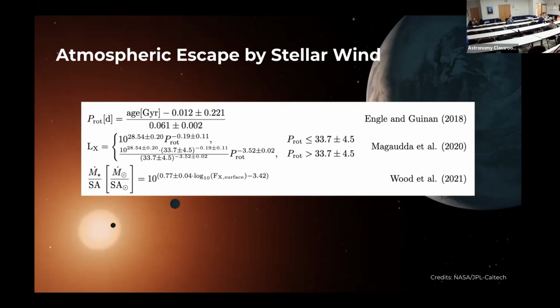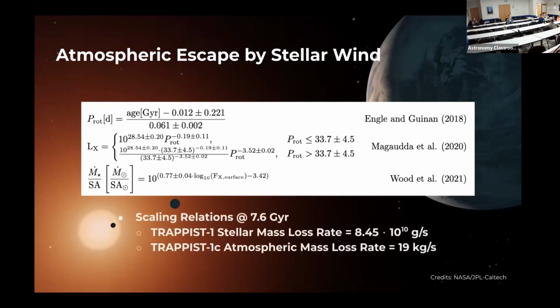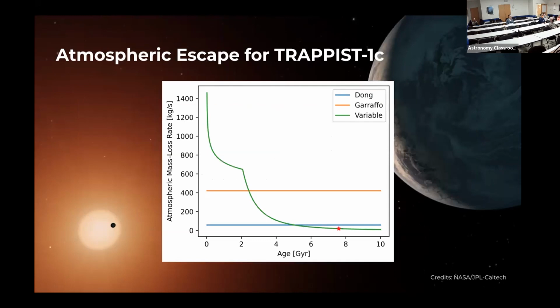They're more active in their early lifetime, and then they spin down over time and become less active. So we can model this as a function of time. This is showing how the atmospheric mass loss rate varies as a function of age for this variable case, and we use all three of these cases. This is specifically for TRAPPIST-1c, because that is what we're really interested in. So I'm going to get more into that now.